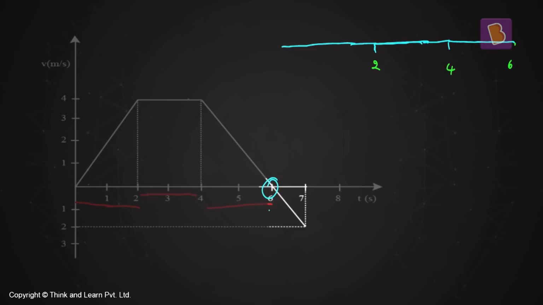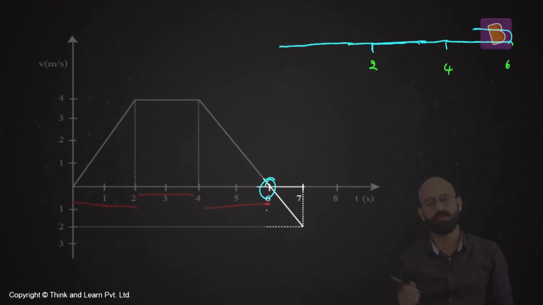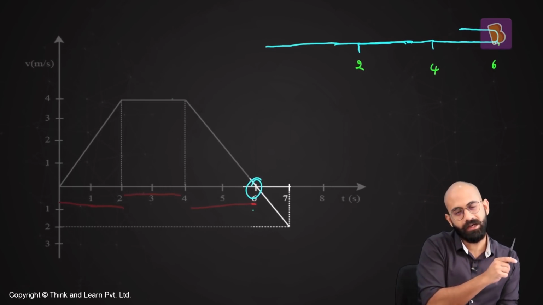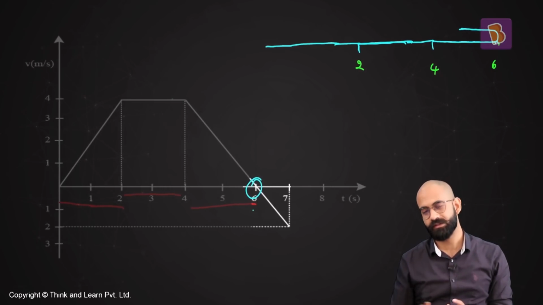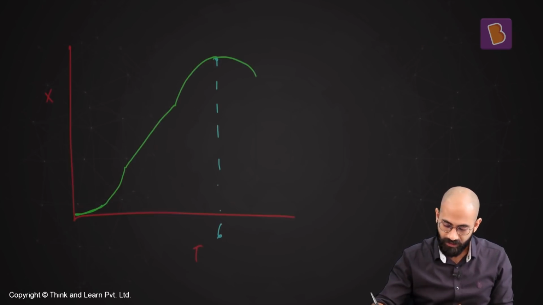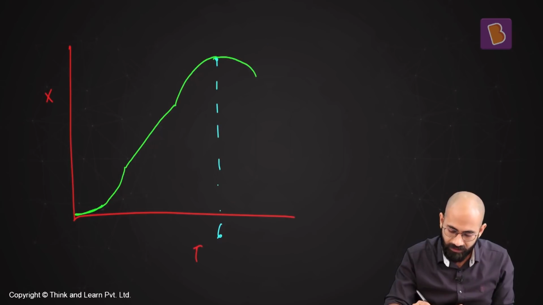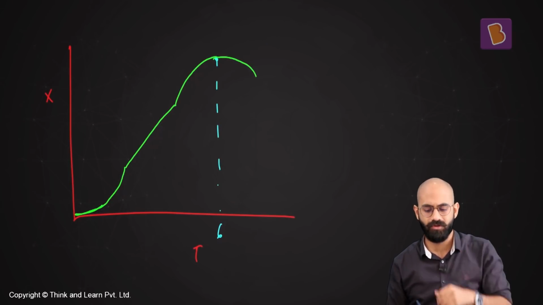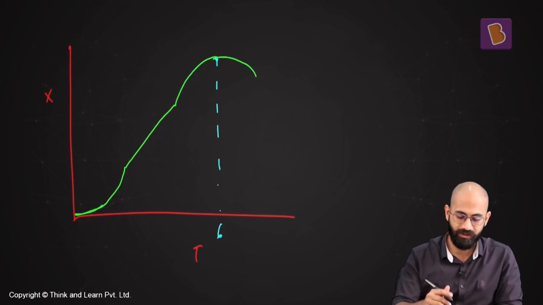It's reached 0, and now it's coming back like this for a period of 1 second. So the body is moving like this, hitting and then coming back. This is what it's doing. So at the 6 second mark, the velocity is 0, and that will be represented by the flat or horizontal slope over here on the position time graph.